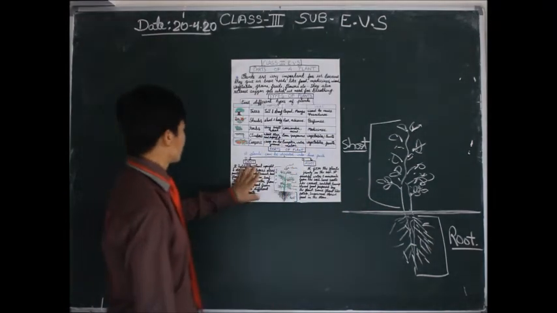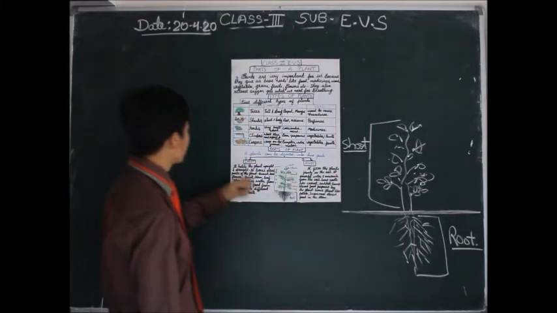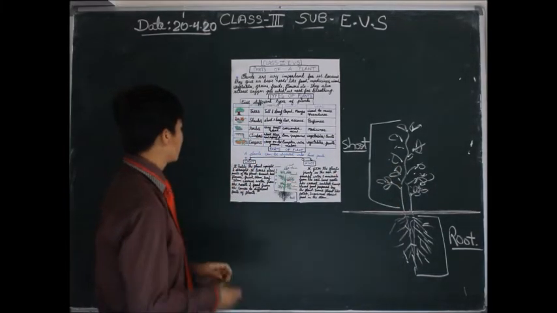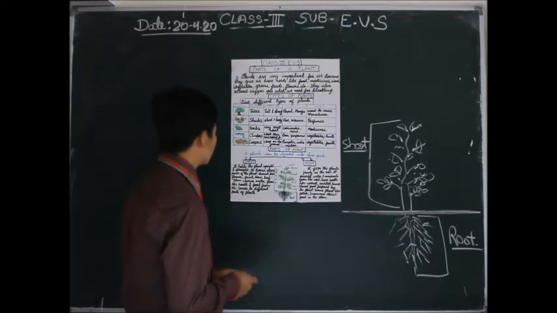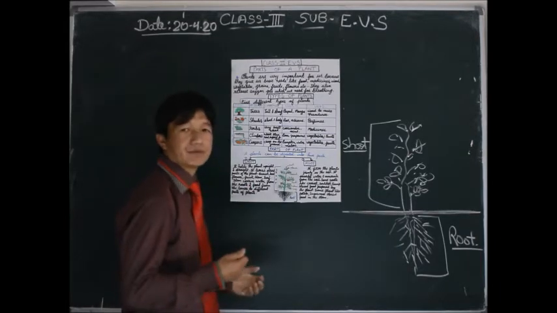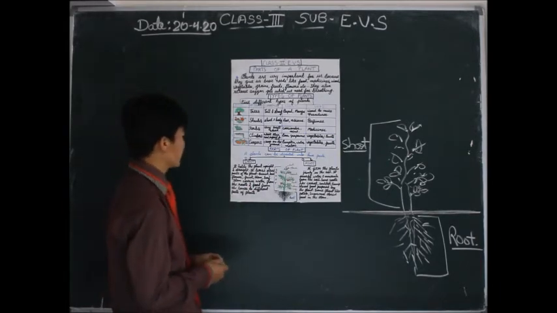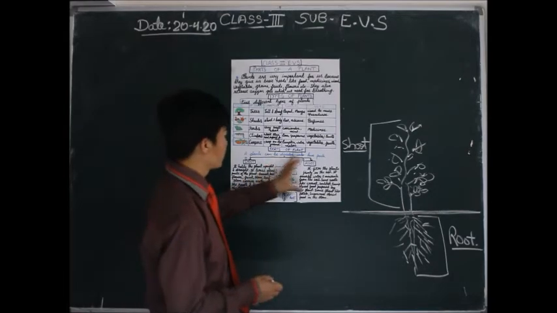What is shoot? It holds the plant upright and straight. It bears other parts of the plant. So they are branches, buds, flowers, fruits, stem, leaf, all these are here.